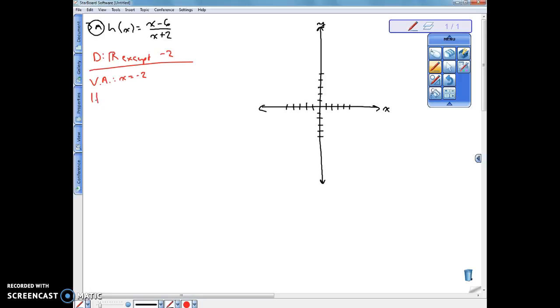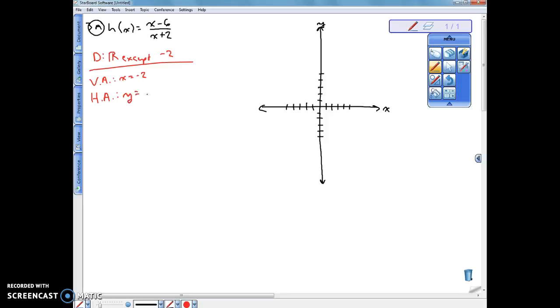My horizontal asymptote in this instance, again, I'll look to the degree of the numerator and the degree of the denominator. The degree of the numerator is 1. The degree of the denominator is 1. So I take the ratio of the leading coefficients, all right? Not the ratio of the degrees, because that's always going to be 1, but in this case it happens to be that way anyway, where my leading coefficient up top is 1, my coefficient to my bottom is 1.